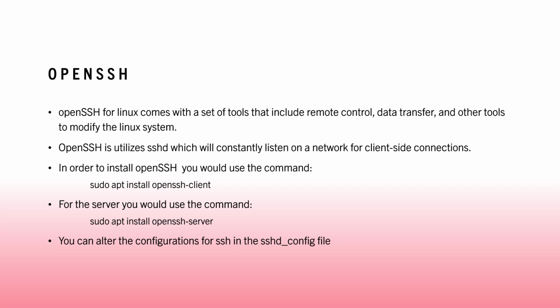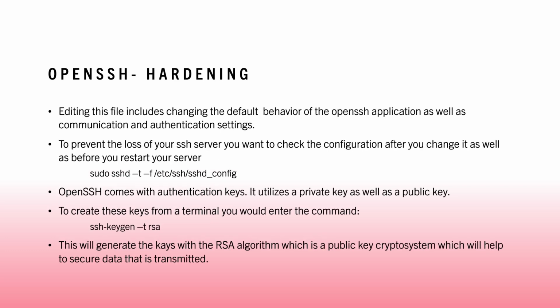For the server, you would use the command sudo apt install openssh-server. You can alter the configurations for SSH in the sshd_config file. Editing this file includes changing the default behavior of the OpenSSH application, as well as communication and authentication settings.